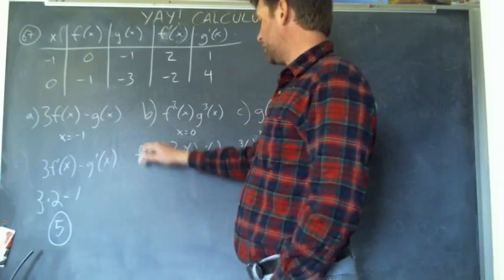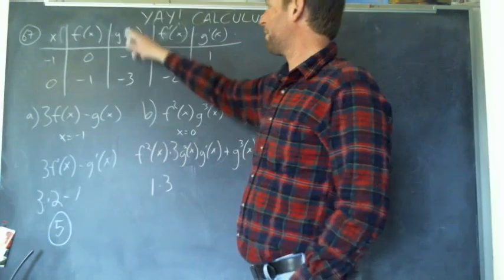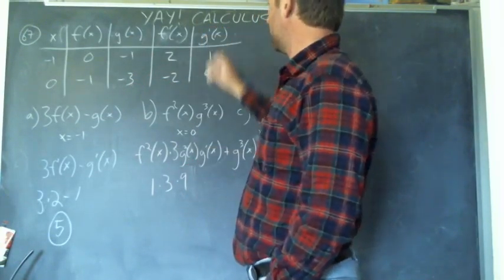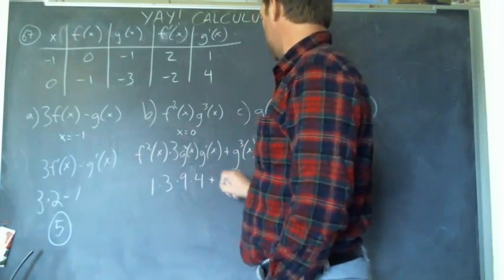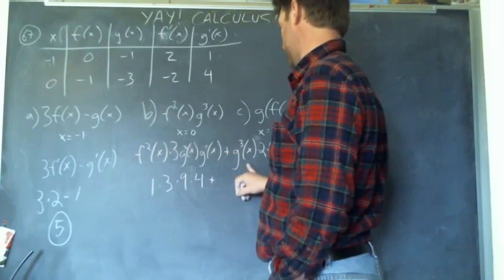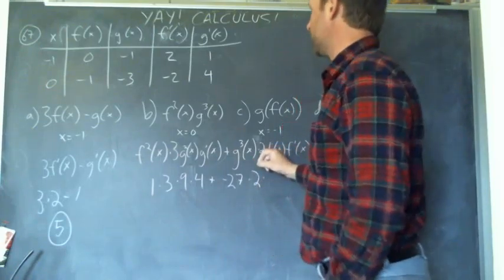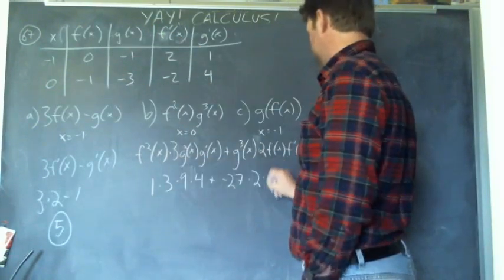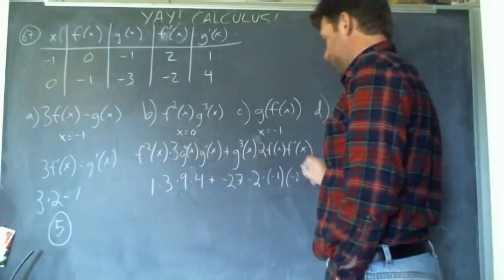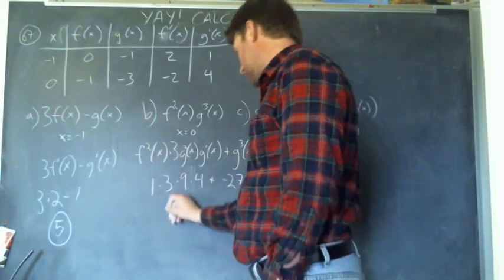So f of 0 is -1, squared is 1, times 3 times g of 0, which is -3, squared is 9, times g prime of 0, which is 4, plus g of 0, which is -3, cubed is -27, times f of 0, which is -1, times f prime of 0, which is -2. 3 times 9 times 4 is 27, 54, 108.